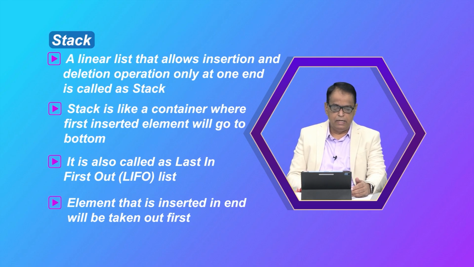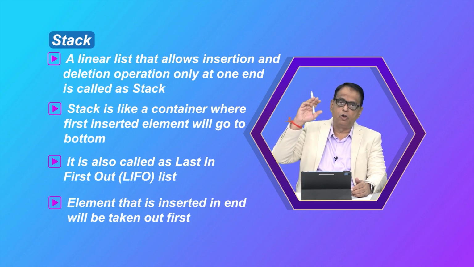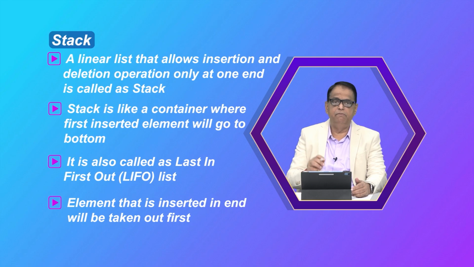So stack is a data structure where the first element you add goes to the bottom, and the element that is added last remains on the top of the stack. That is the reason the stack is often called a last in first out list, or in short, a LIFO list.